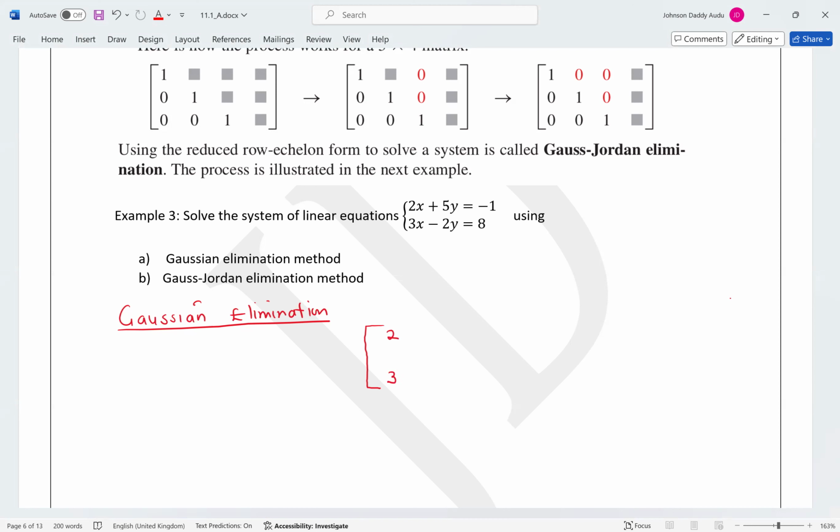These are the coefficients of x. And the coefficients of y will be 5 and -2. And then you can put a dotted line, and the right-hand side you can put as -1 and 8. So this is what we call the augmented matrix.